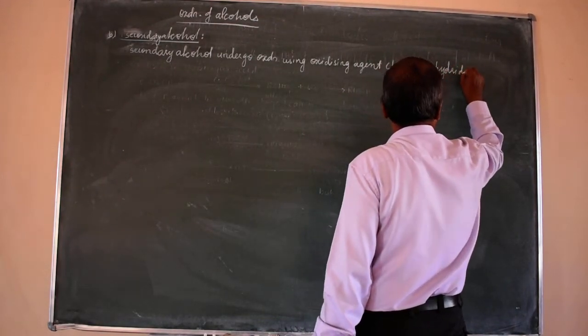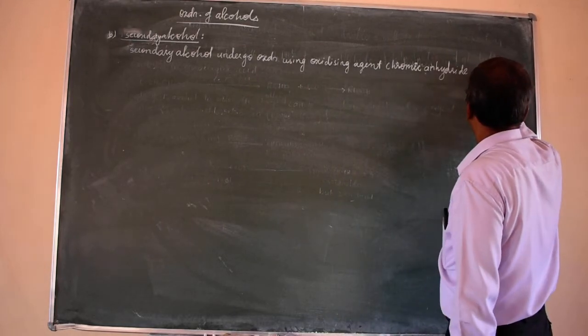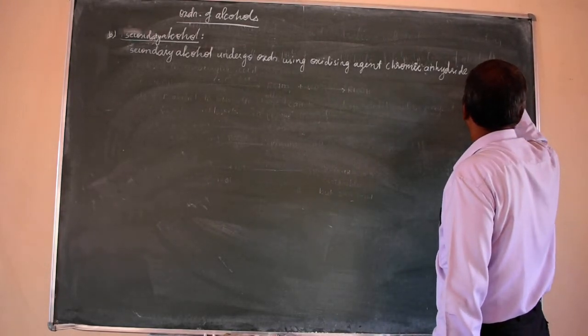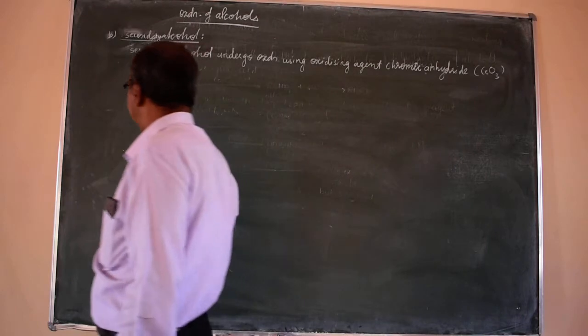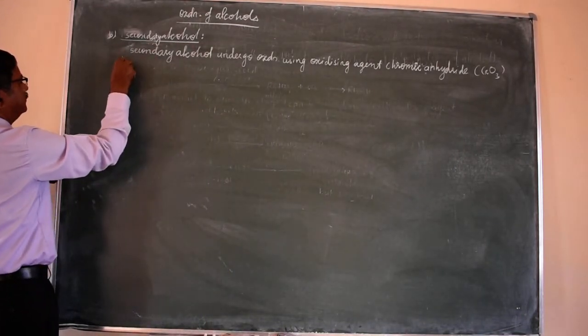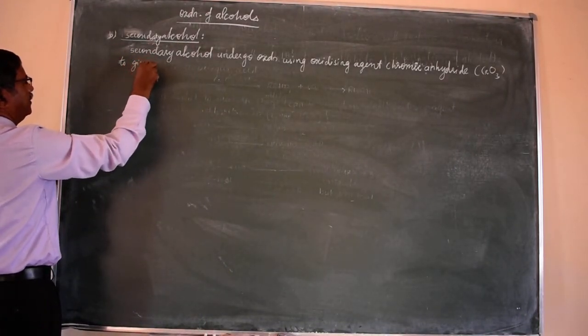Remember the formula for chromic anhydride, CrO3, to give ketone.